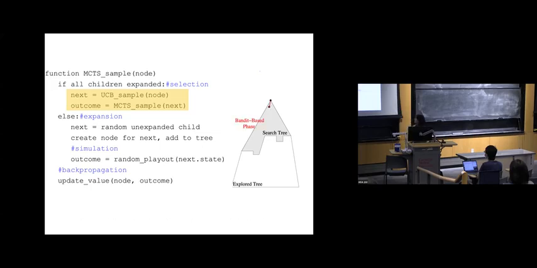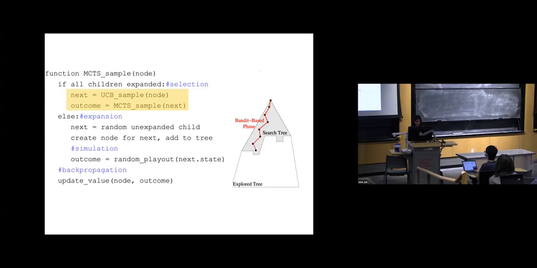So here, in a particular state, if all children are expanded, and indeed, for all the states in the shaded region all children have been expanded, then I select one action, the dark black dot, based on the UCB criterion. And then I keep doing the same thing. This is called MCTS sample. This is sampling inside the tree.